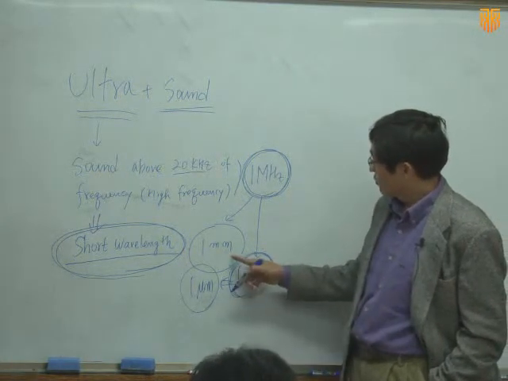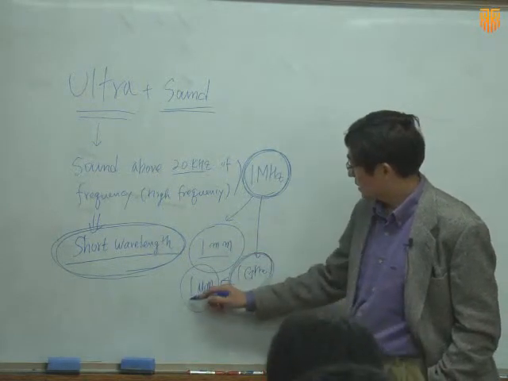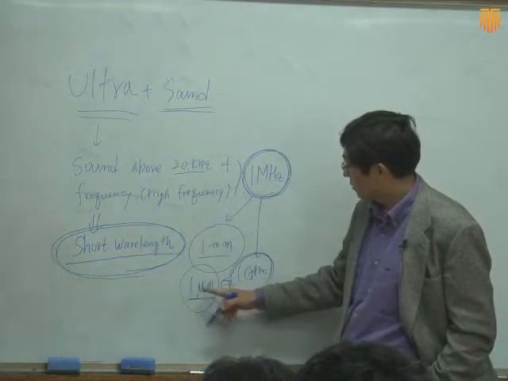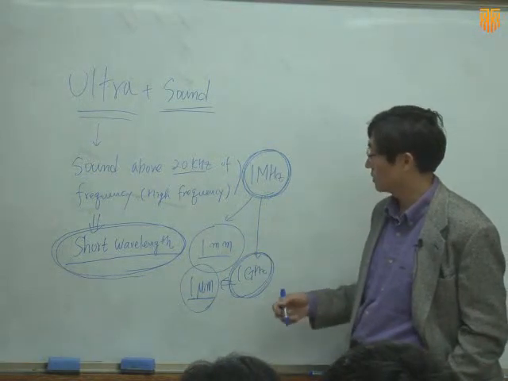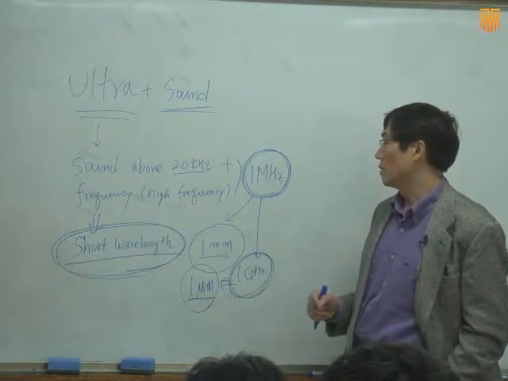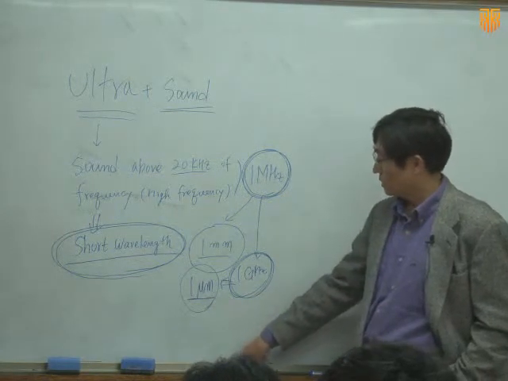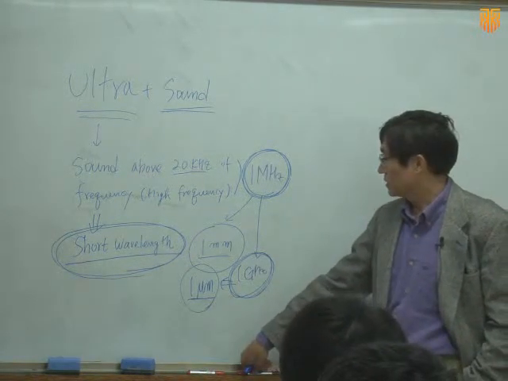So usually ultrasound has a wavelength between 1 micrometer and 1 millimeter. Let's say a few hundred micrometers is the typical wavelength of our NDT applications.